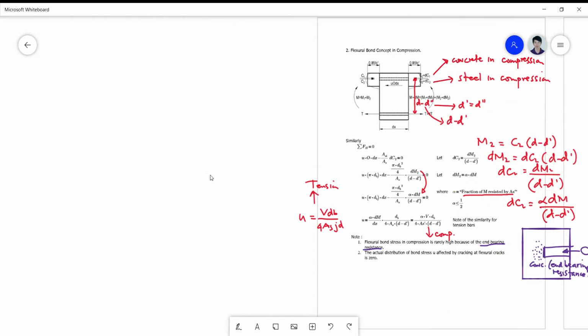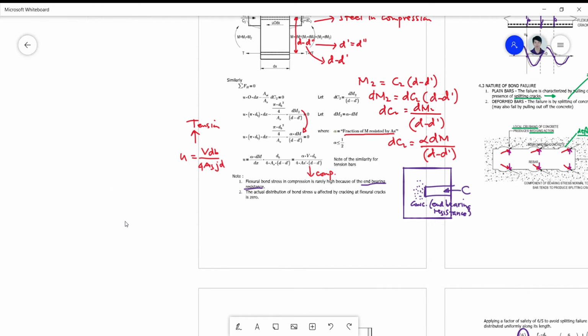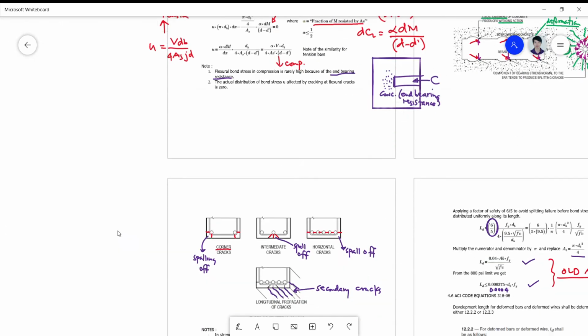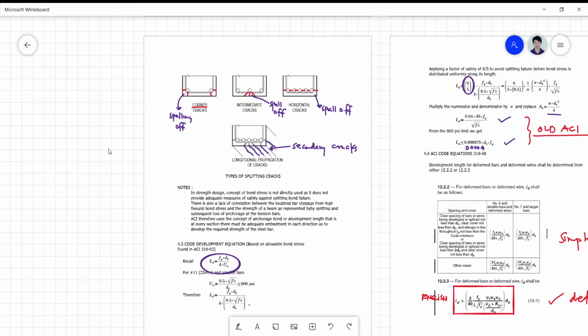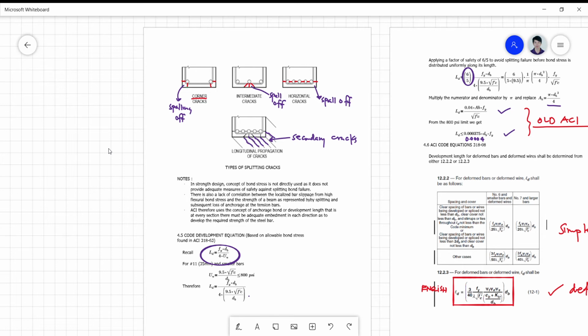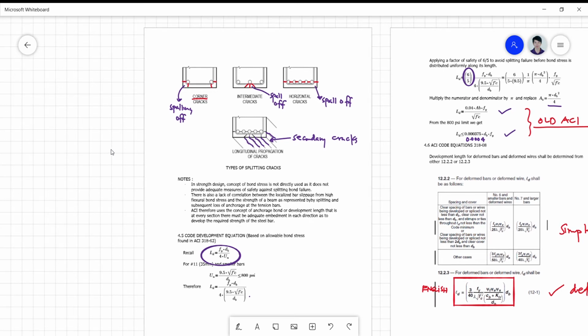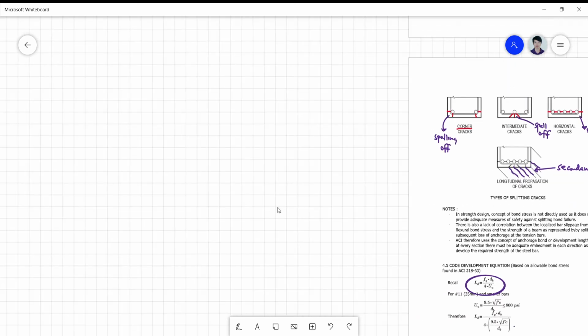Where's the formula? Okay, so LD over dB is 3 over 40 Fy over F prime C.